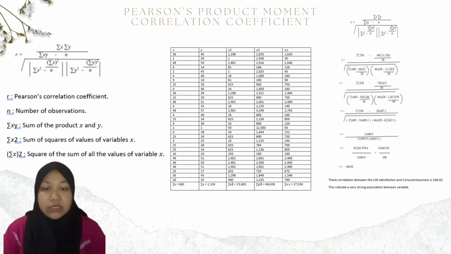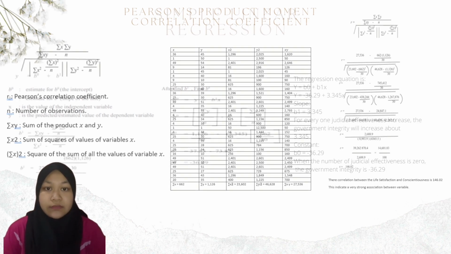R is the correlation coefficient. So the answer we get for the correlation between life satisfaction and conscientiousness is 146.02. This indicates a very strong association between the variables.